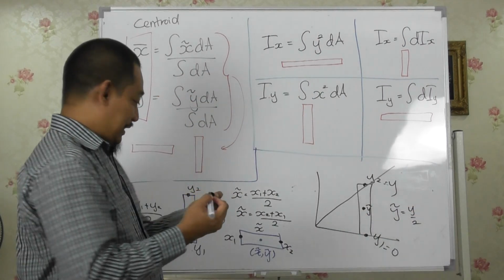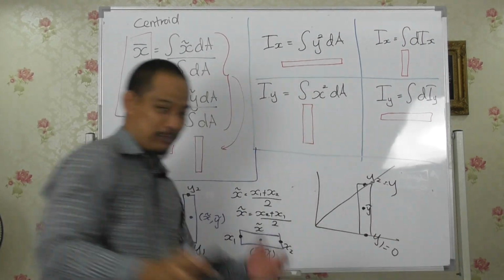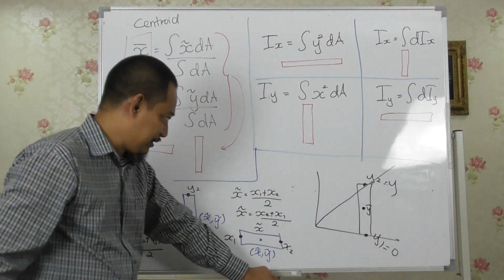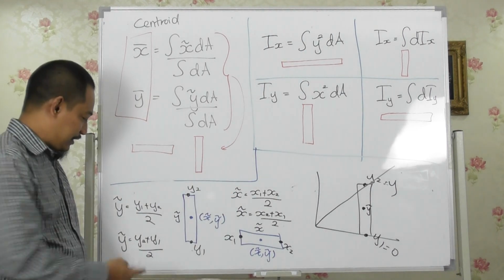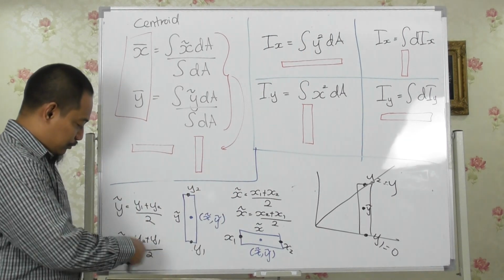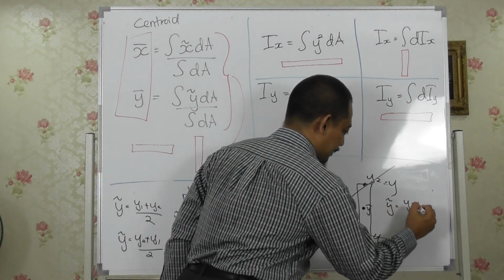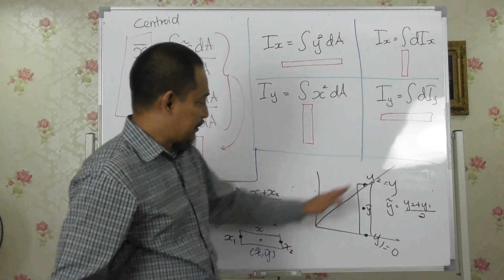So, let me go back to my proposition to you, especially for those who struggle to understand the concept. If you just memorize that the concept is average, you just use this one, right? So you have y wave is y2 plus y1 over 2 in your mind. So this is y2, this is y1.